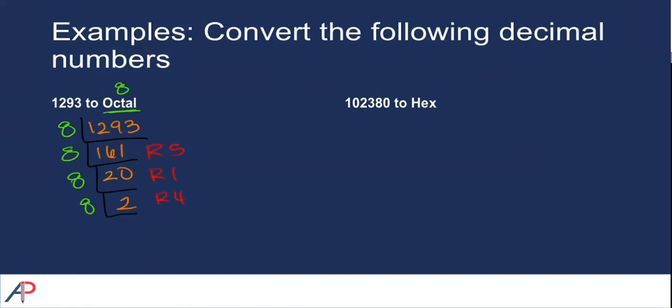So we're going to divide one more time, and we get 0 with a remainder of 2. Starting from the bottom and working our way up, that gives us our octal representation of this number, which would be 2415. And that would be our answer.